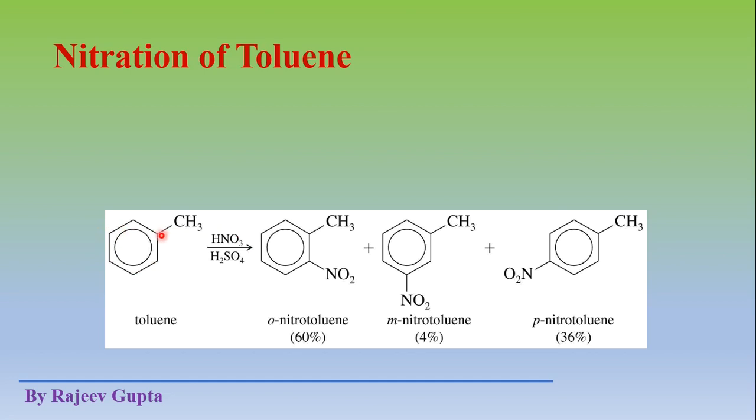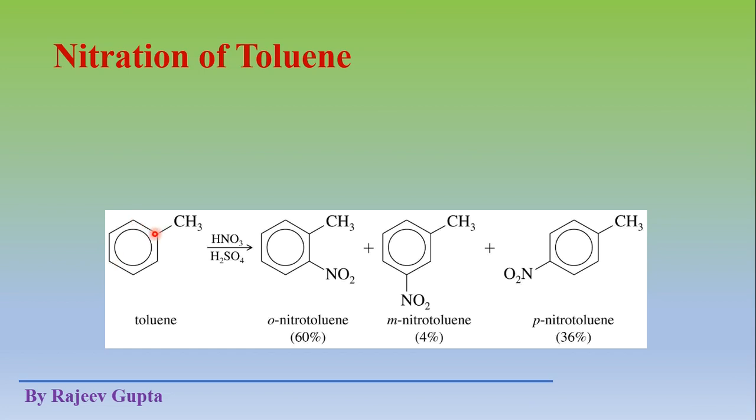Okay, now there are 3 positions available. This is ortho position, which is just nearby to this attached methyl group carbon atom. The position which is just nearby this group is ortho, this is meta, and this is para.